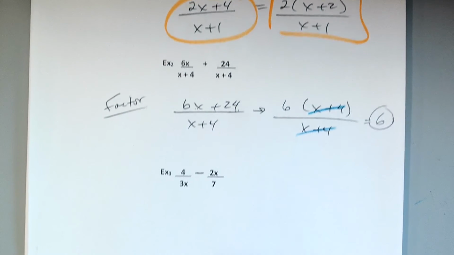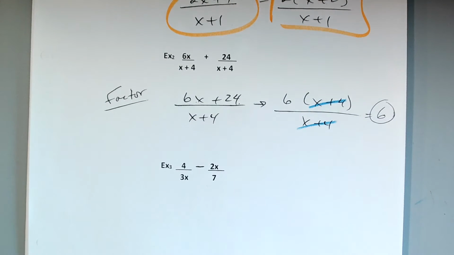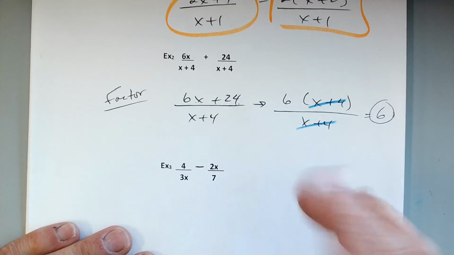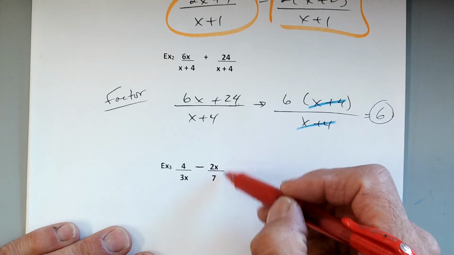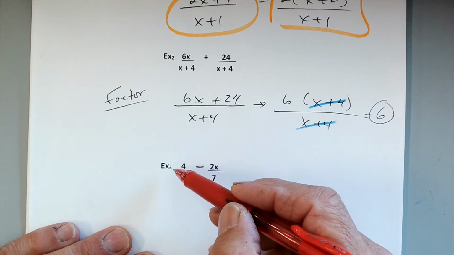Okay, number 3. Well, I don't have a common denominator, okay? So what I can do is multiply the second fraction by 3x, and the first fraction by 7.